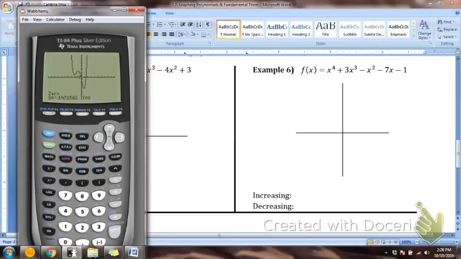So I know that my zeros, negative 0.147, comma 0. And then I have another zero value that I have to find. So again, we go to second calculator, number 2.